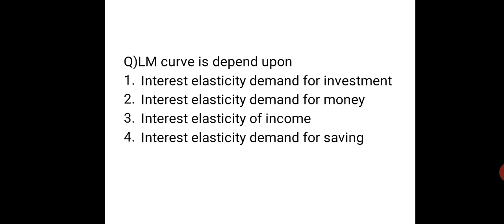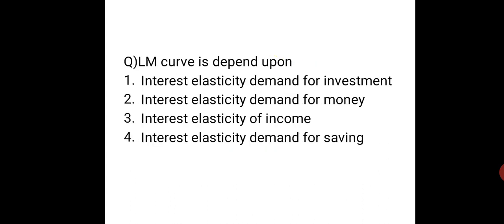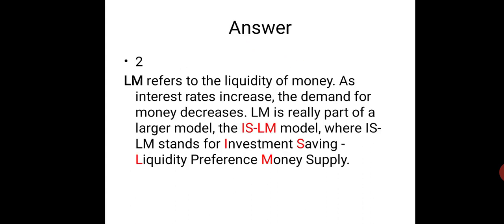Next question. The LM curve is dependent upon. So we know that the LM curve is liquidity preference and money supply. So we need to know which is the answer. It is basically liquidity preference of money, which means how much money people are willing to hold.